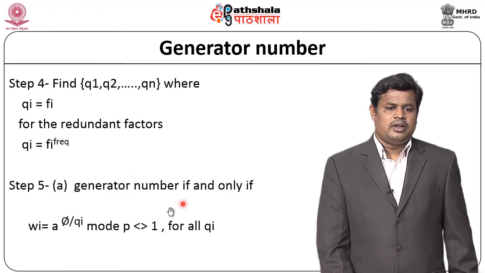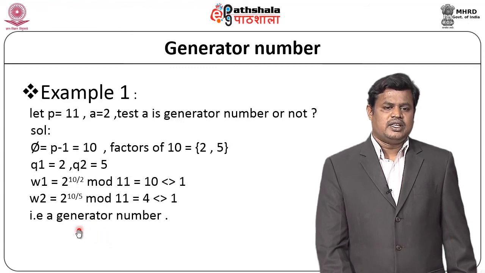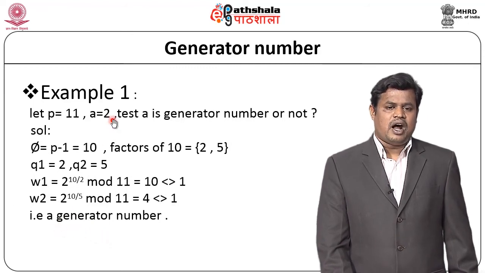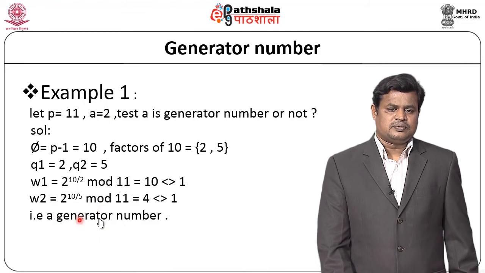So according to the final step, when it is not equal to 1, we can say that the number a which I have chosen here is a generator. So a equal to 2, when p is equal to 11, is a generator, because these values are not equal to 1.